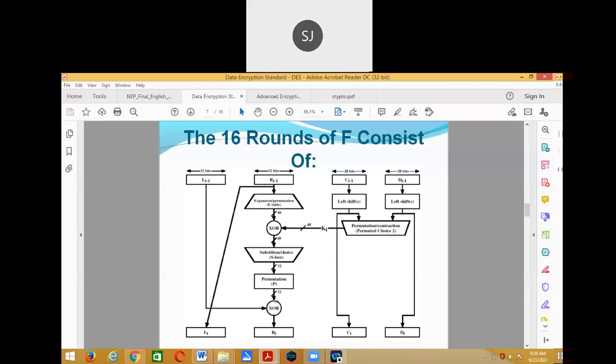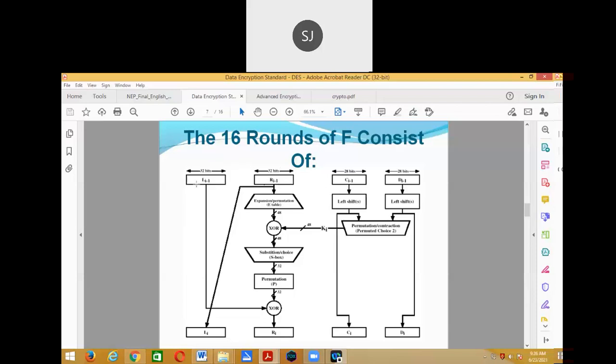The 32-bit output of this permutation is XORed with the left 32 bits. Whatever results is taken as the right 32 bits for the next round. Then Ri minus 1 is taken as the left 32 bits for the next round. So Li minus 1, Ri minus 1 is converted to Li, Ri.